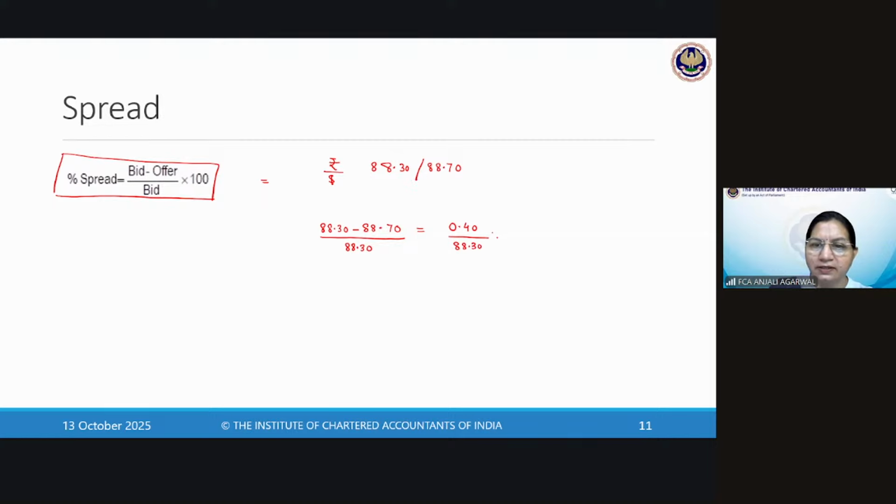So you can calculate the spread percentage. Spread points are 40. And how much is the spread percentage? It is 0.4 divided by 88.30, so it is 0.453%. Right? So this is how you calculate the spread and the spread percentage.